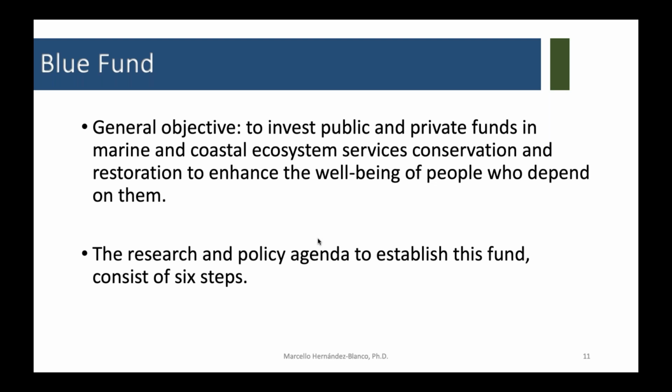And this agenda or recipe, which has some policy and some research components, consists of 6 steps, and I'm going to go through each one of them. Here, I'm going to present all of them, and then we're going to go on explaining each one.